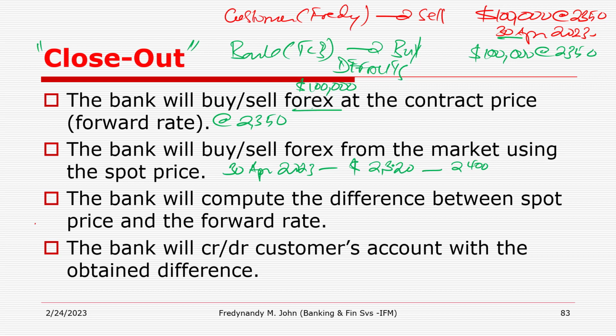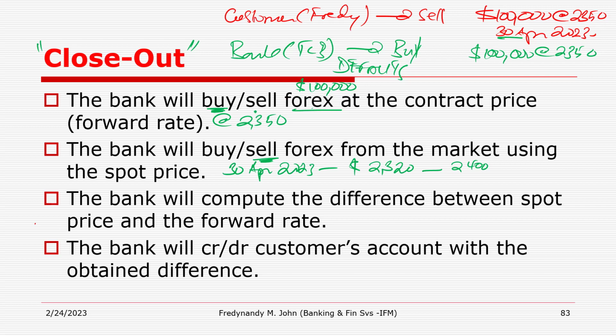Therefore, the bank is going to sell. Remember, the bank has just bought USD from Freddie at 2,350. Even though Freddie has not appeared to the bank, this is the procedure.